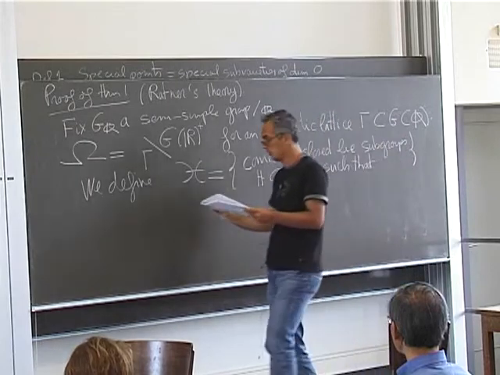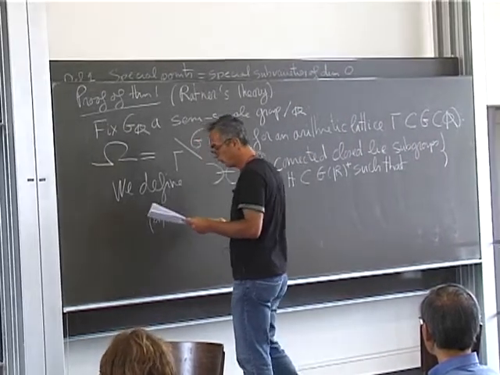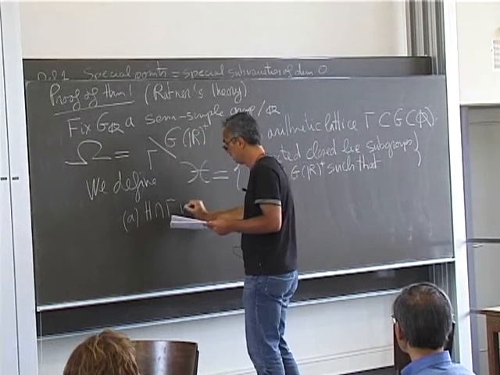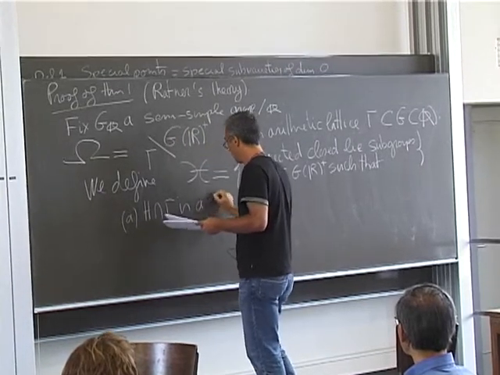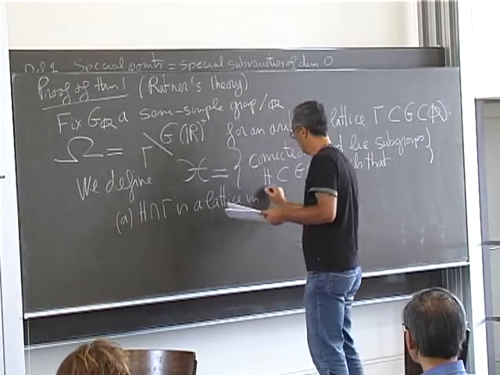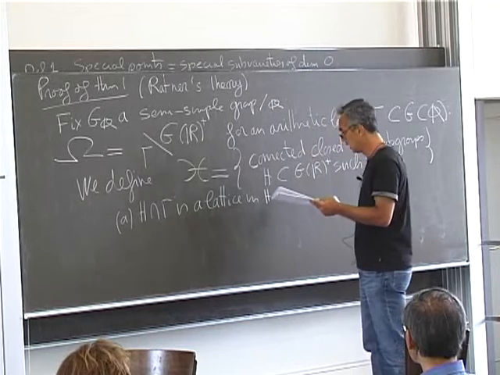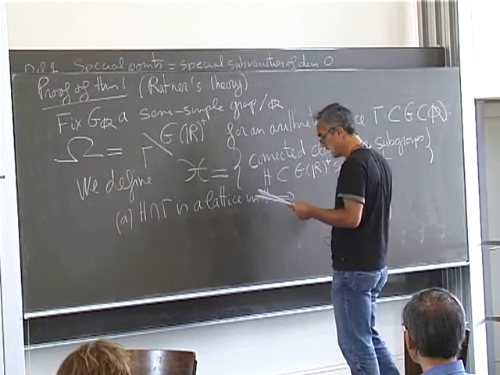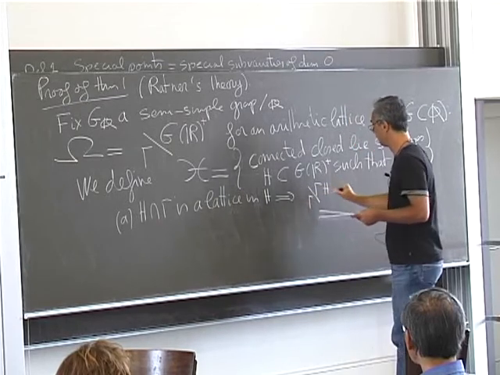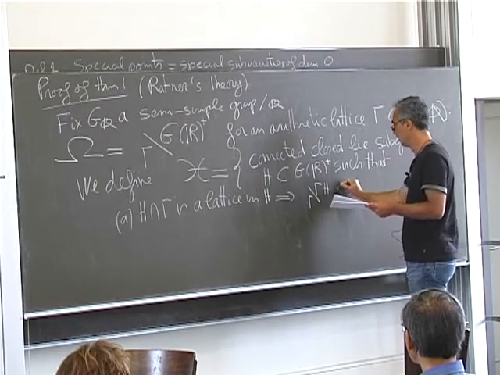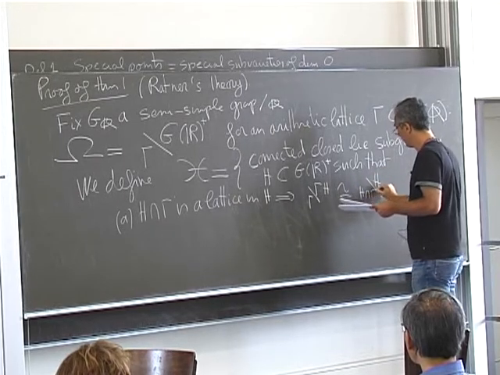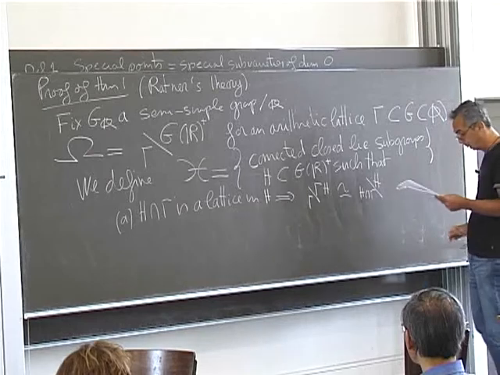Okay, such that the first thing is that the intersection of H with Gamma is a lattice in H. And this implies that if you take the H-orbit of a neutral element here, you find a very nice homogeneous variety like this.